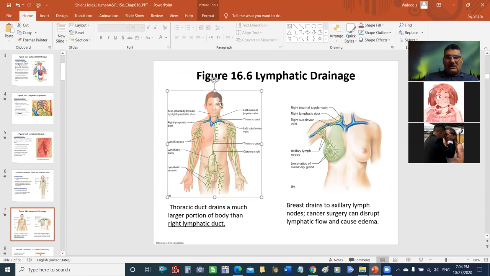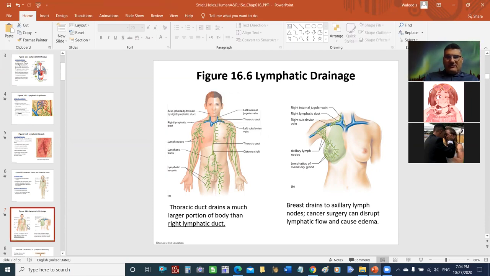Anything else is drained by the other one, which is called the thoracic duct. Both of them will drain into the subclavian veins. The right lymphatic duct drains into the right subclavian, and the thoracic duct drains into the left subclavian. Okay, so you need to know this.